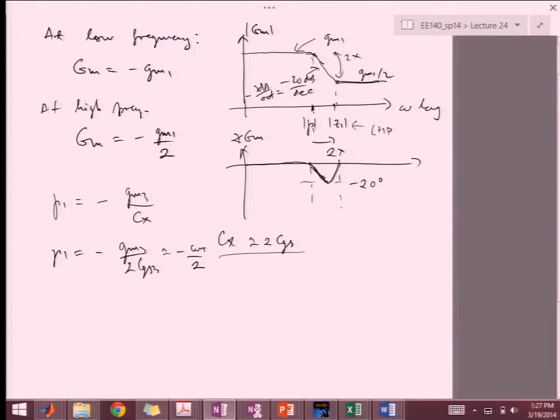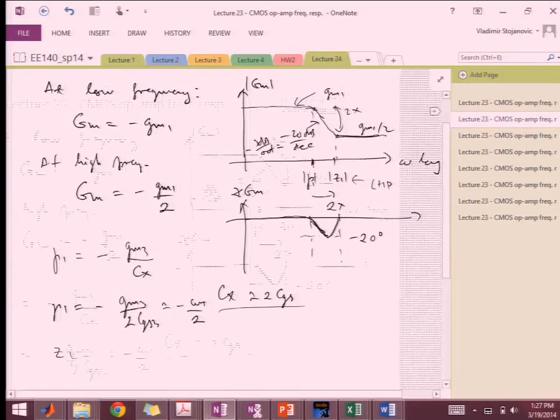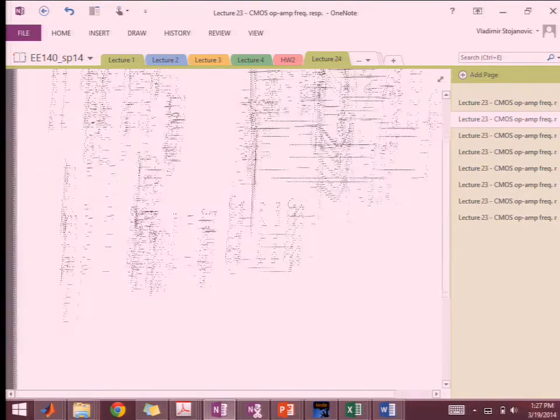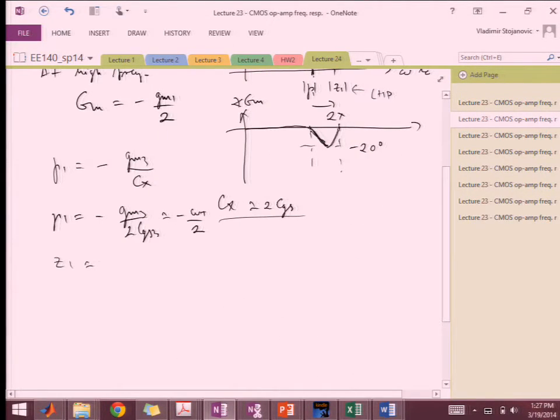And the zero, again, we said that zero is going to be twice that, right? So the zero is approximately at omega T. Yeah, because M3 equals M4 for the mirroring, right? So this is just to give you an idea where they are, right?